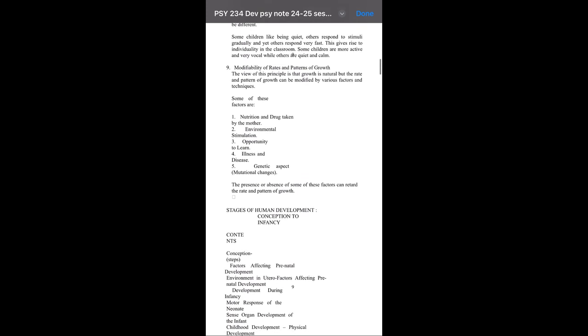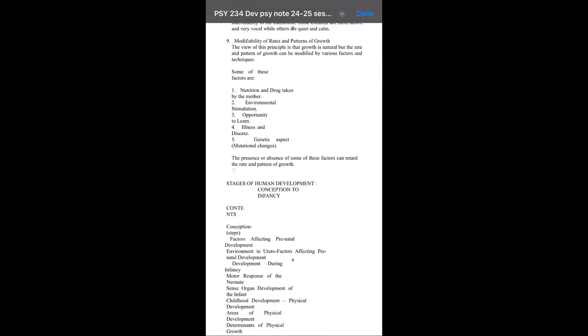Modifiability of rates and patterns of growth. This is basically saying that there are some factors that modify or change the rate of growth. The view of this principle is that growth is natural, but the rate and pattern of growth can be modified by various factors and techniques.